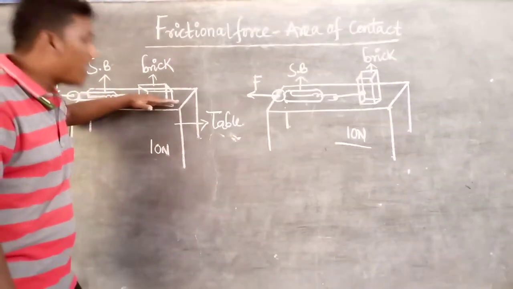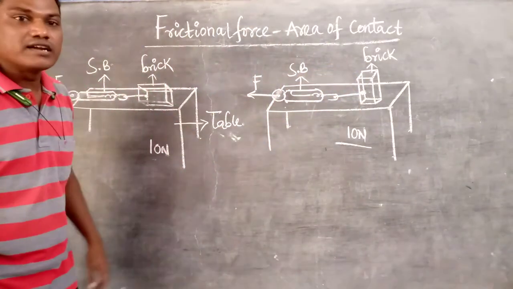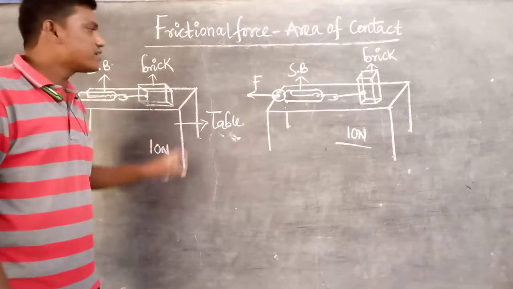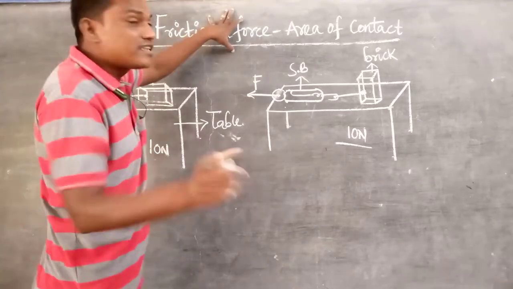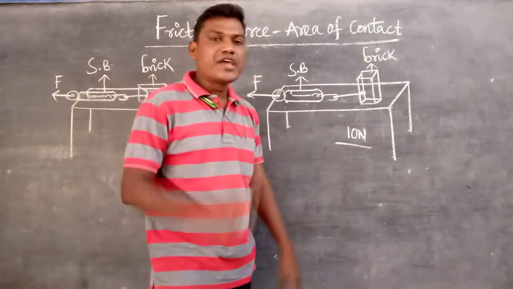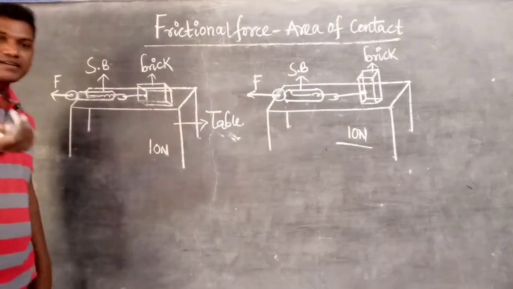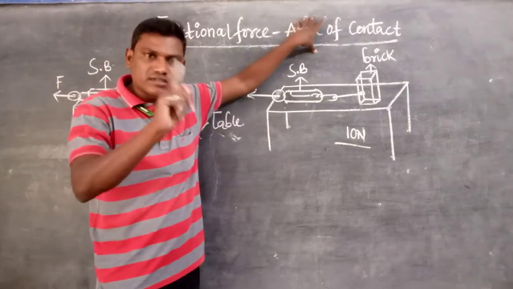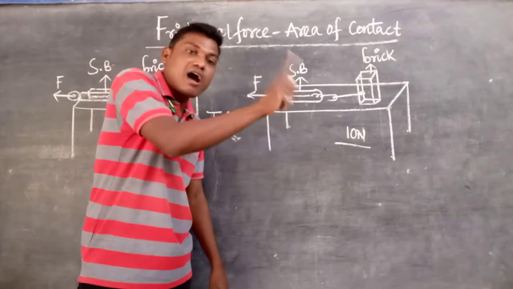When the brick is in horizontal or vertical position, the frictional force does not change. So what we can say is that the frictional force does not depend on the area of contact.